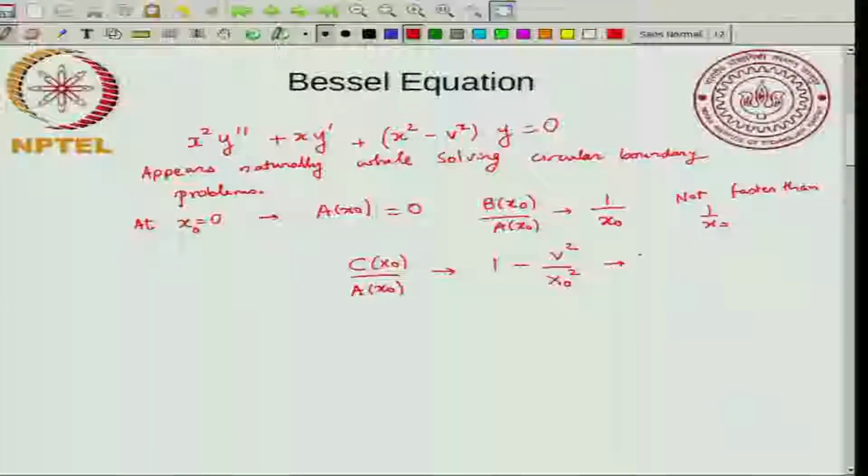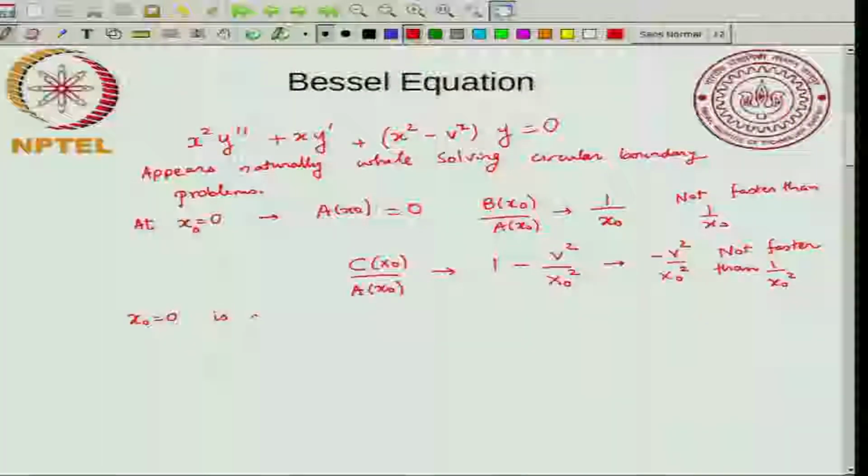So this goes as minus v squared by x0 squared, and it is not faster than 1 by x0 squared. So basically in this case you have the usual conditions for a regular singular point. So that means x0 equal to 0 is a regular singular point.